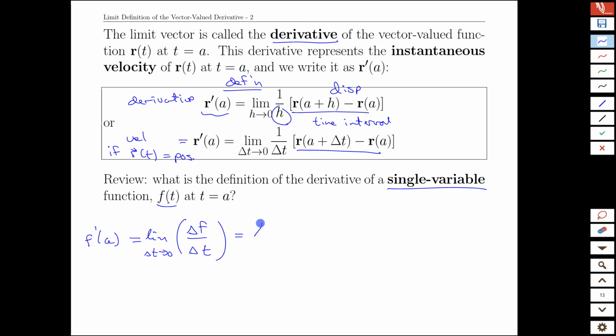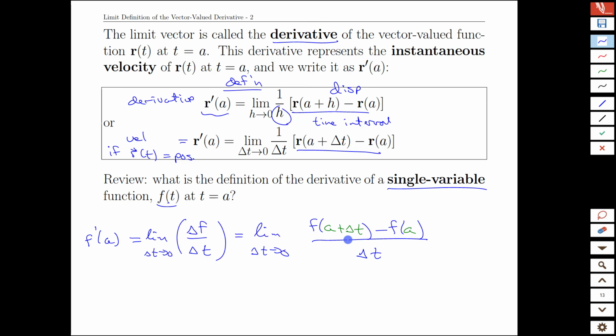And if we write that out, it's the limit as delta t goes to 0 of f at my start point plus delta t, again highlighting the 2 time points that are relevant, minus the original time value subbed into our function, all over delta t.